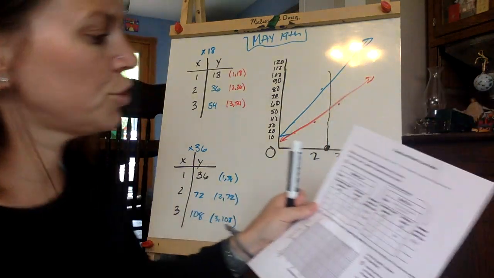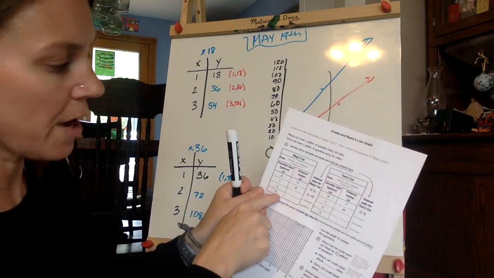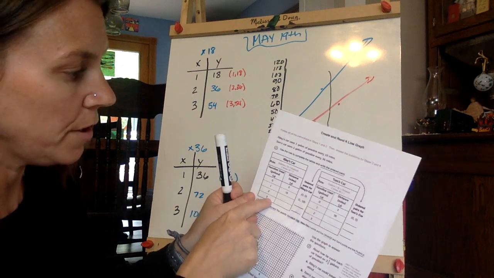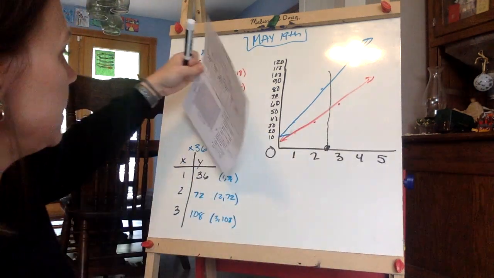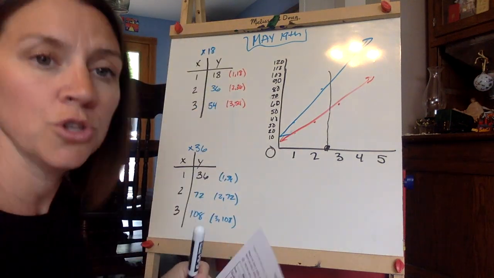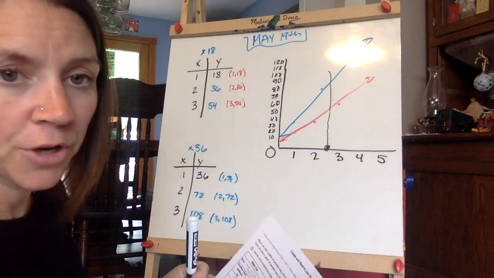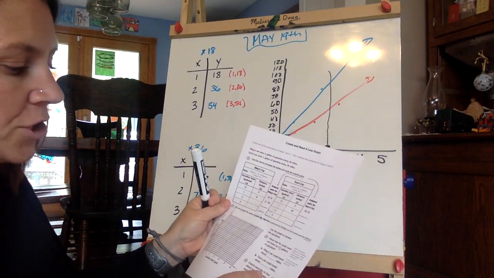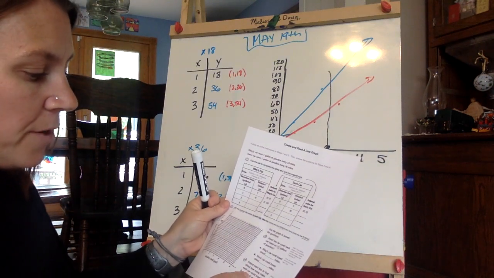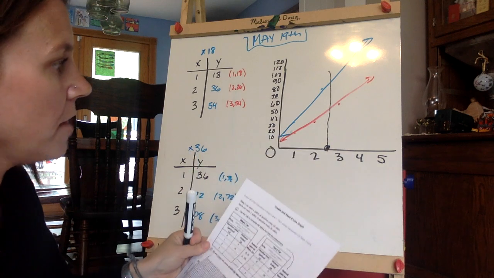You can also use your chart and figure out what 2.5 would be because there's a 2 and a 3. You can also use your rule because your rule is times 18 or times 36. So you could use a calculator to figure out your exact answer. Then it says extend each line to find about how many miles each car could travel on 6 gallons of gas.